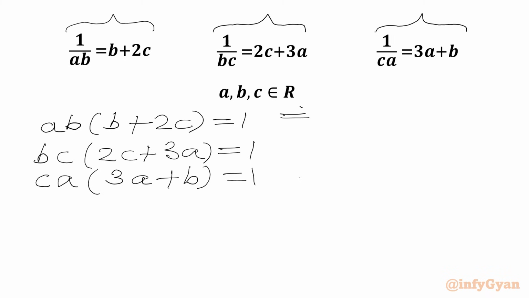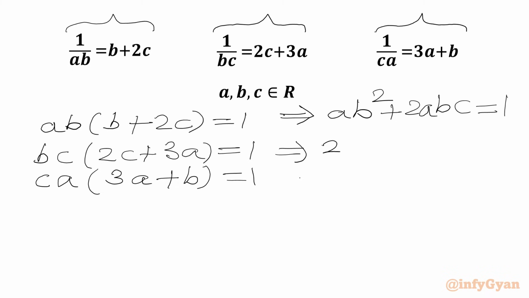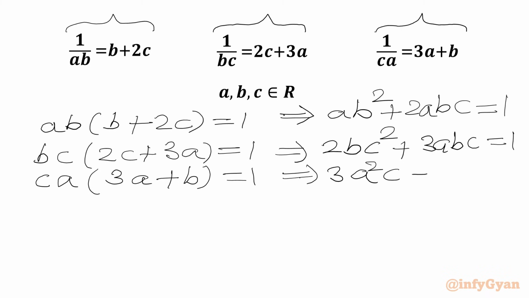So from our first equation we will write ab square plus 2abc equal to 1. From second equation we will write 2bc square plus 3abc equal to 1, and from our third equation we can write 3a square c plus abc equal to 1.